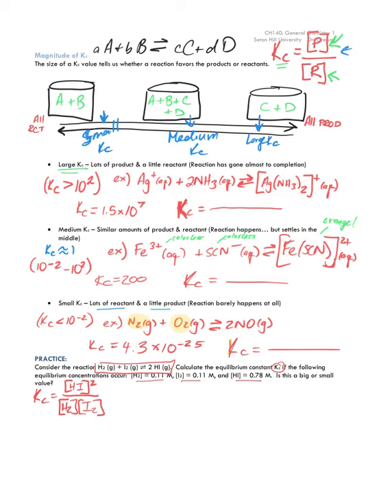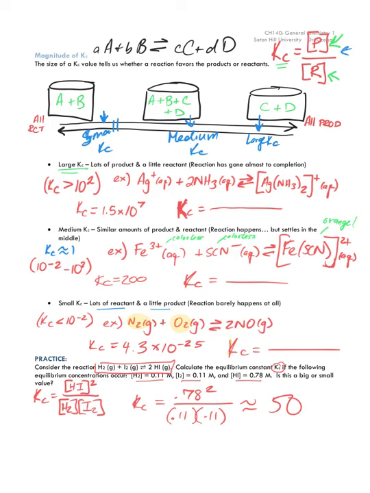So this would be 0.78 squared over 0.11 times 0.11. So you do the math, and you should get 50 for this. So that's how we work from concentrations to a Kc value.